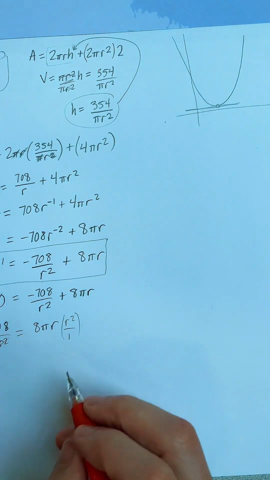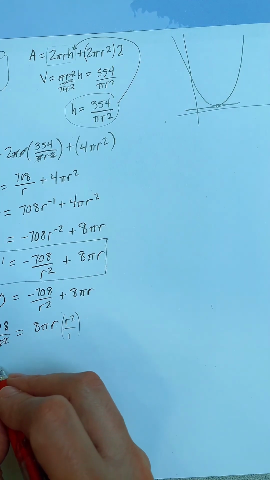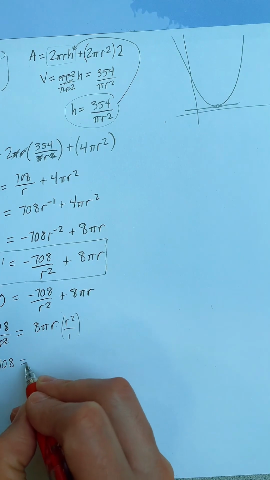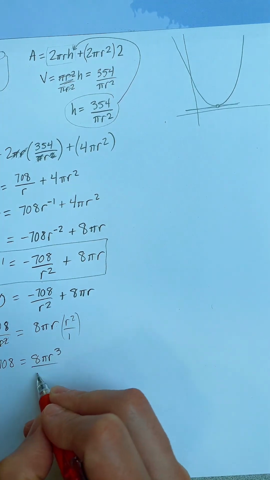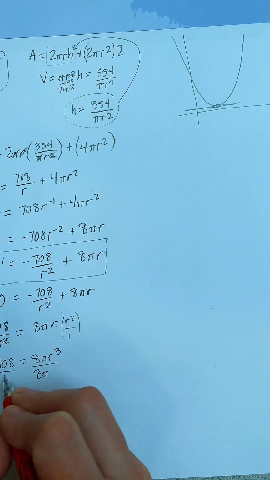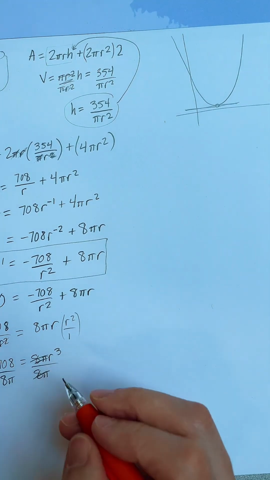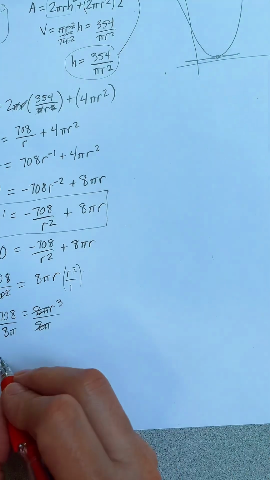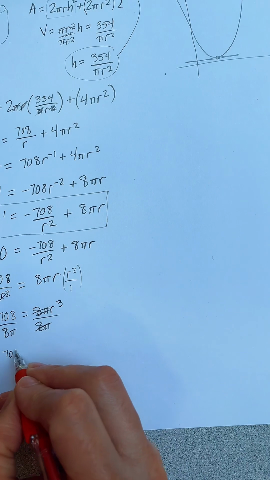That would cancel these, and then it would end up over there. So we got 708 equals 8 pi r cubed. And if we divide both sides by 8 pi, now this is gone. We're getting closer to what r is equal to. So let me just rewrite it.